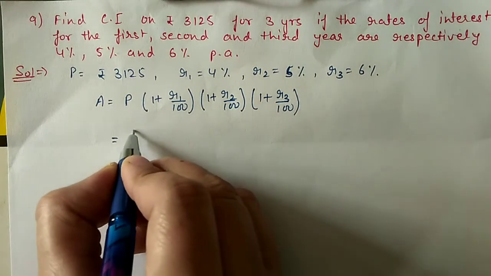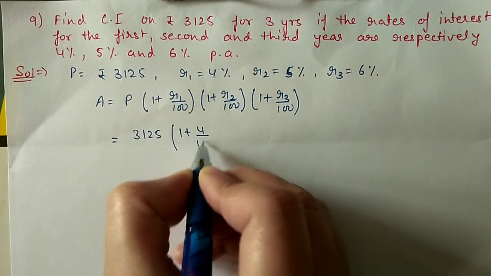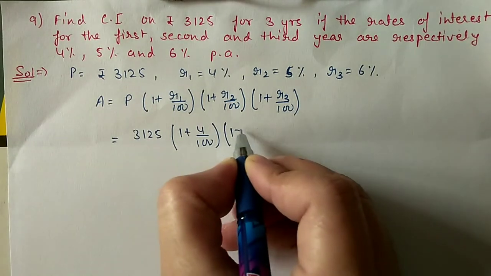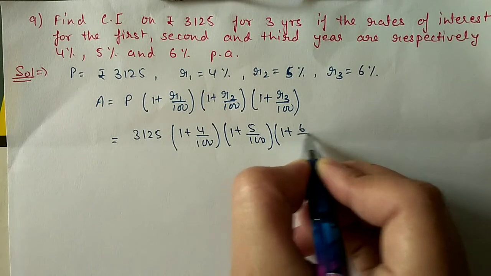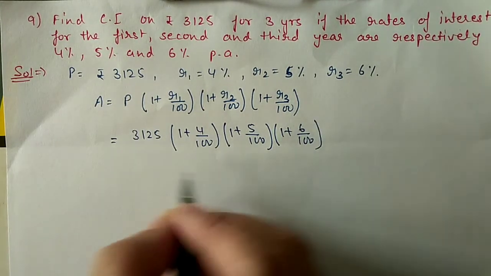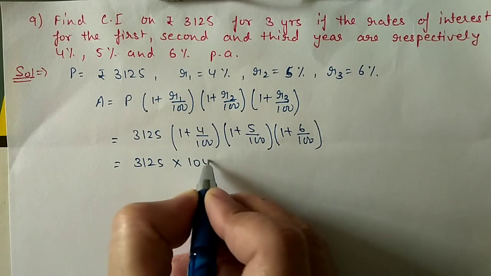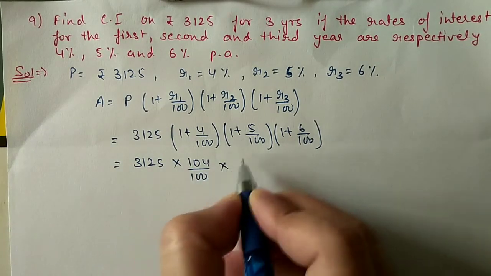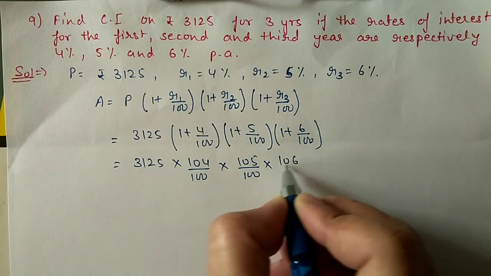Now we will substitute values. 3125 in bracket 1 plus 4 by 100, 1 plus 5 by 100, 1 plus 6 by 100, and after simplifying these brackets we will get 104 by 100, 105 by 100 and 106 by 100.